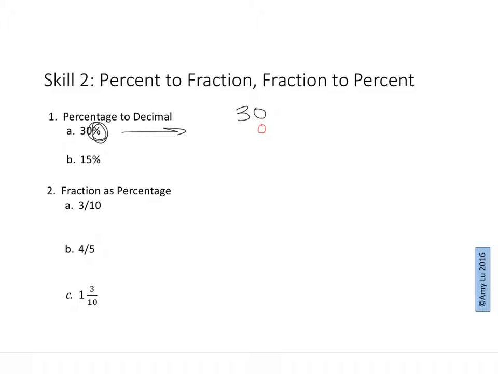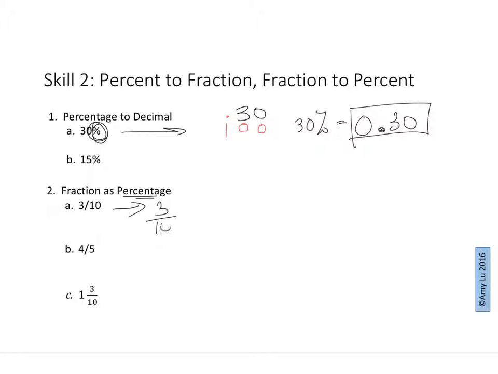Put my last 0 underneath the last number in the ones place, my next 0 under the 3, and then my 1 right in front. And where that 1 is, that's where you put your decimal. And so therefore, 30% is equal to 0.30 or 30 hundredths.